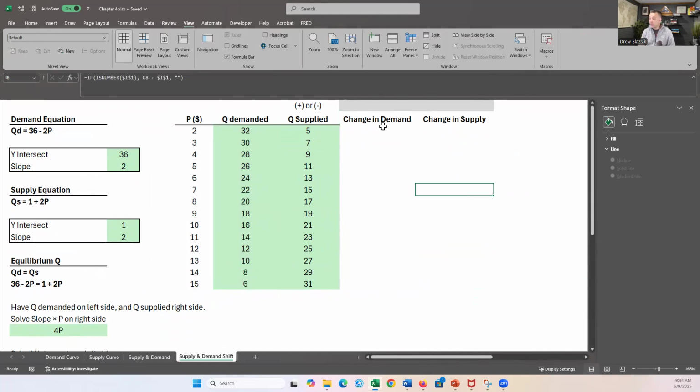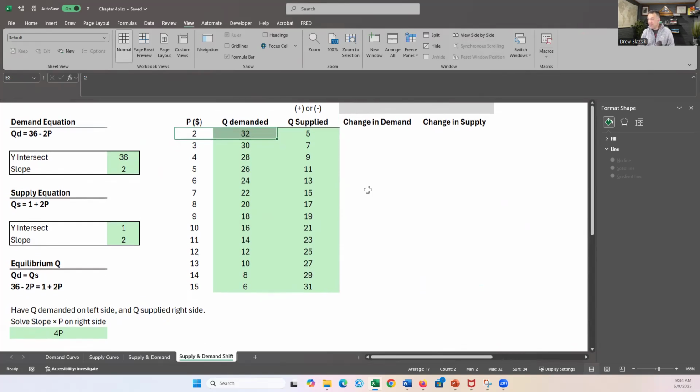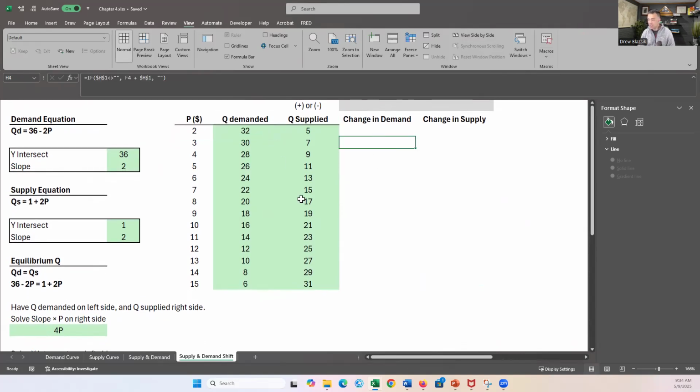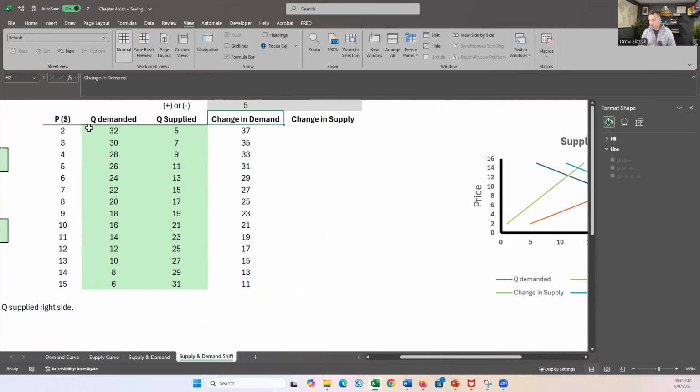However, if we want to know, does demand change? That means at a specific price, do we want more or less quantity demanded? Okay. So what I did here was, it's a simple equation. It doesn't look simple, but all I did was, what if we add 5 or take 5 away? So let's say I add 5. So it's always 5 more than this.